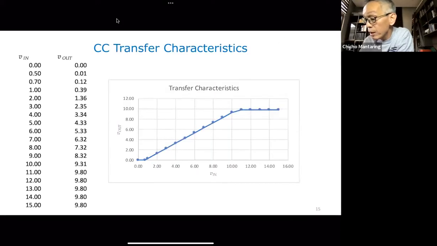You will notice that here, basically I'm cut off. Here I am saturated. Then here I am in the active region.